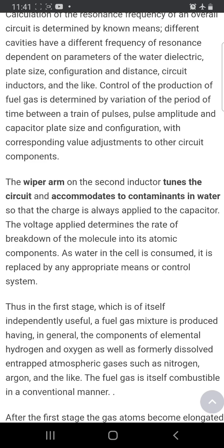This is why electrolytes aren't required, because this tuning with these inductors somehow creates the situation where it's not about the conductivity of the water anymore. It's about maintaining a voltage field without current flow.